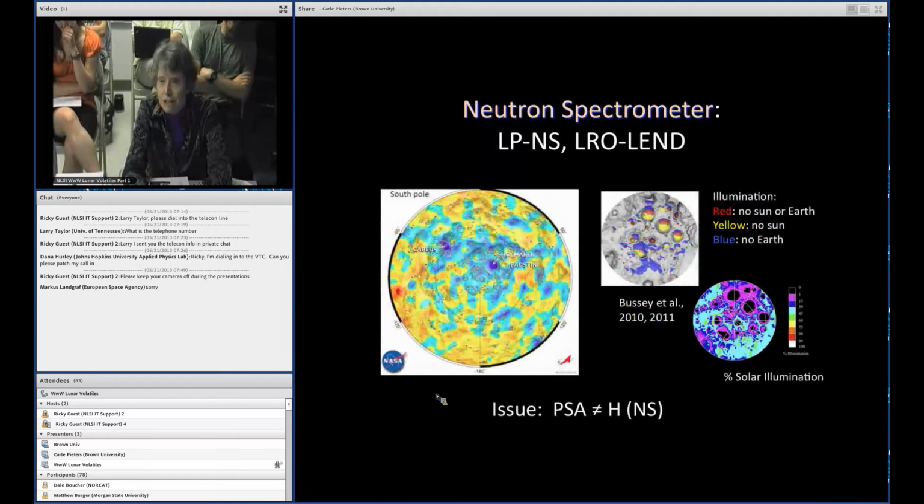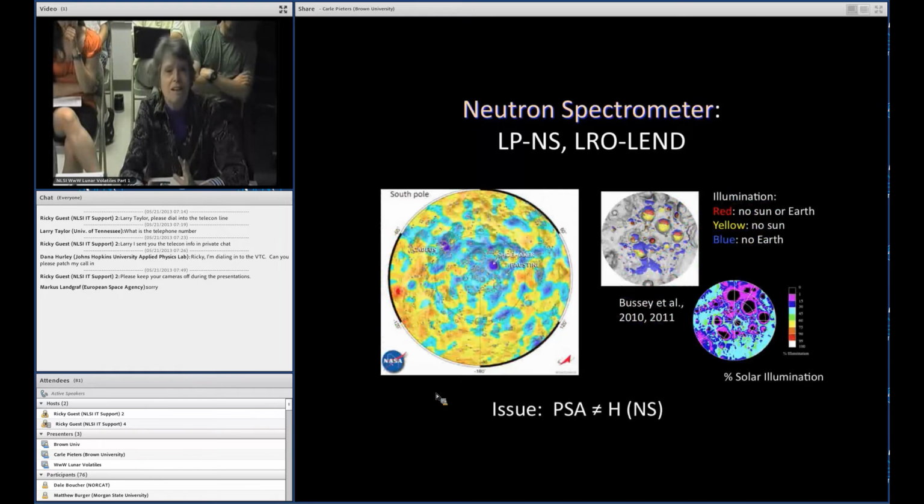And of course those are opposites of each other, but what you notice right away is that the distribution of the hydrogen as detected from the neutron spectrometers isn't exactly coincident with what we see for the permanently shadowed. There's a whole host of issues that is a very active area of research, and I'm sure we'll hear aspects of that during the conference.